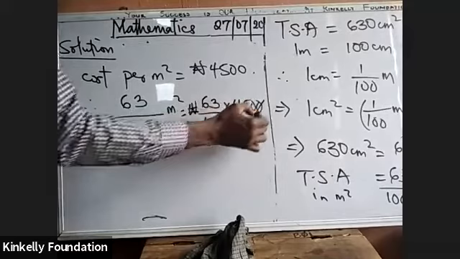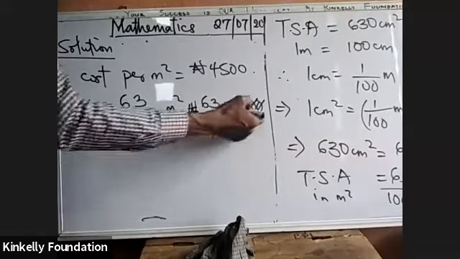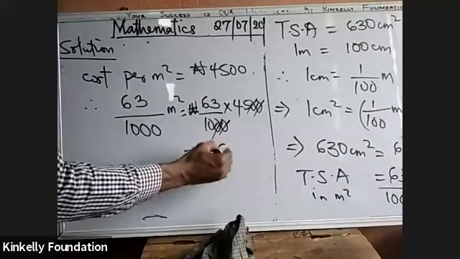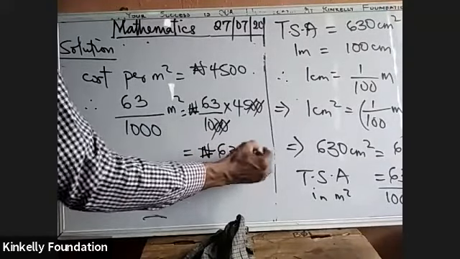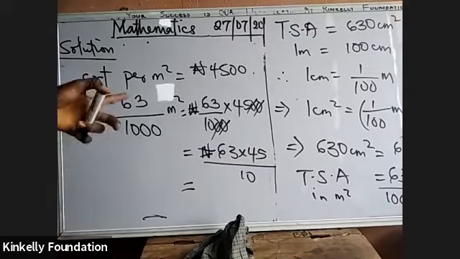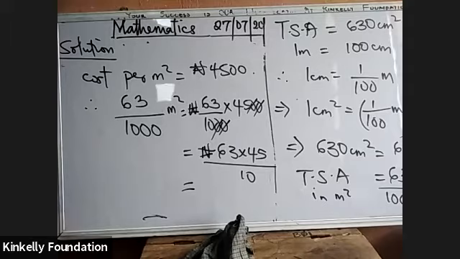So this goes with this. This two goes with this two. What we have will be 63 times 45 all over 10. And let us multiply and see the cost of that plate in naira. 1 meter squared of it costs 4,500.